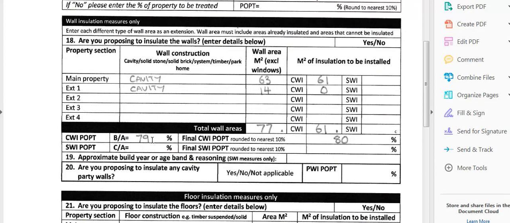So 61 divided by 77 equals 79%, and then we round up here to the nearest 10%. The suppliers want to see the actual percentage there and then the rounded percentage there. And actually this figure here is going to become one of the reporting fields that's going to be introduced over the coming weeks and months, because the suppliers want to start seeing that.